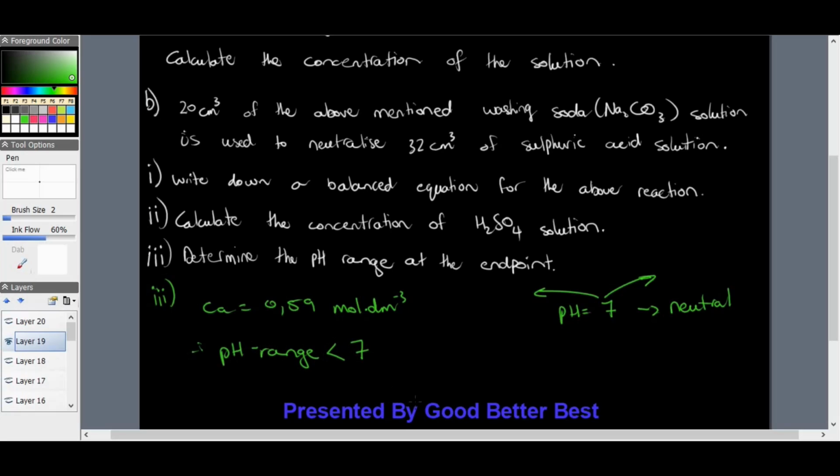Strong acid H2SO4 reacting with a weak base, the reaction is more acidic. So we can say strong acid, comma, weak base. If it had been the other way around, if it had been a strong base and a weak acid reacting with each other, the solution would have been more basic, resulting in a higher pH level or higher pH range.